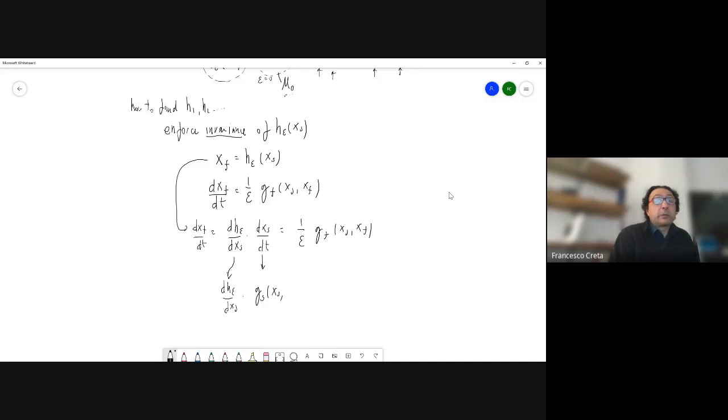Remember that we're substituting x_f with this expression.